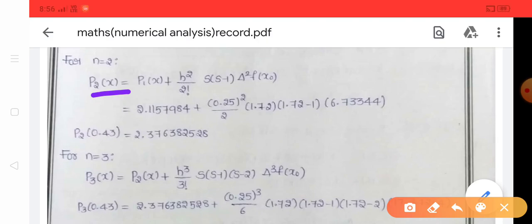P2 of 0.43 is equal to P1 of 0.43, 2.1157984 plus h square, 0.25 whole square by 2 into s into s minus 1, 1.72 into 1.72 minus 1, delta square f of x naught 6.73344. After simplifying, we get the value P2 of 0.43 is equal to 2.376382528.